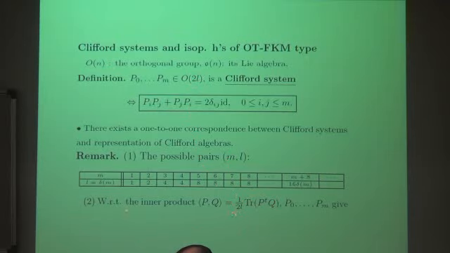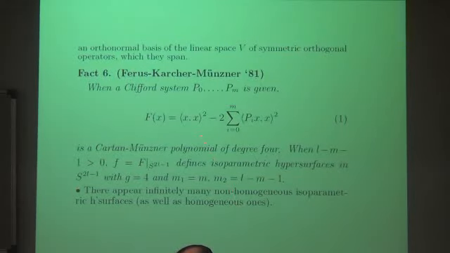Then, if we take this normalized inner product, P0 to Pm is an orthonormal basis of the space spanned by themselves.